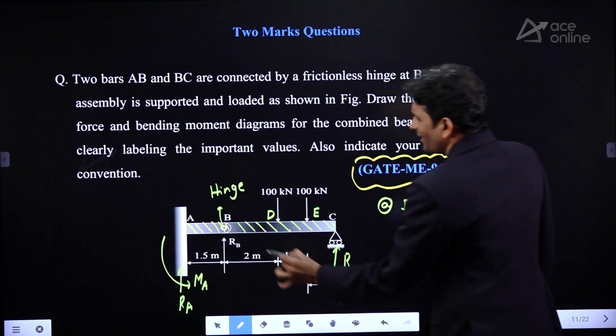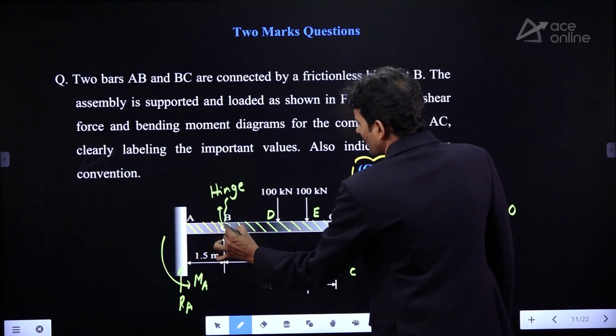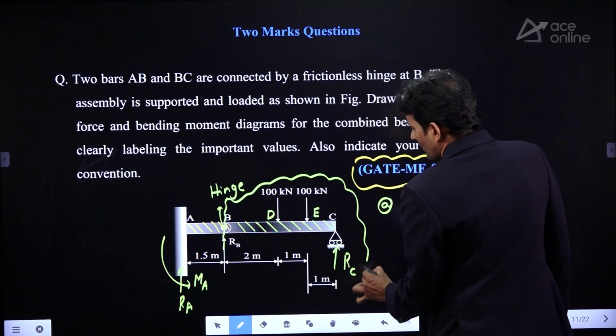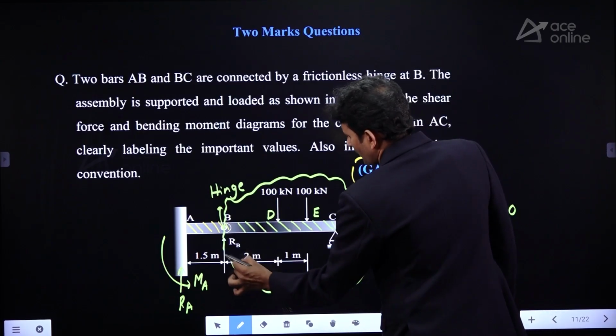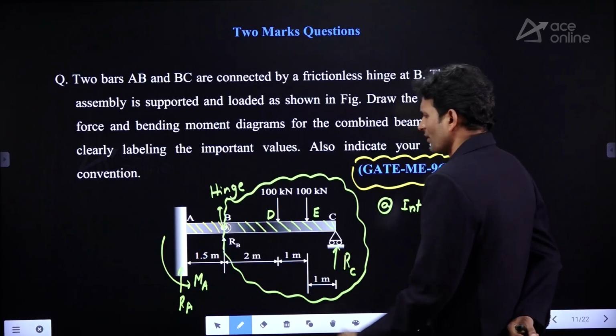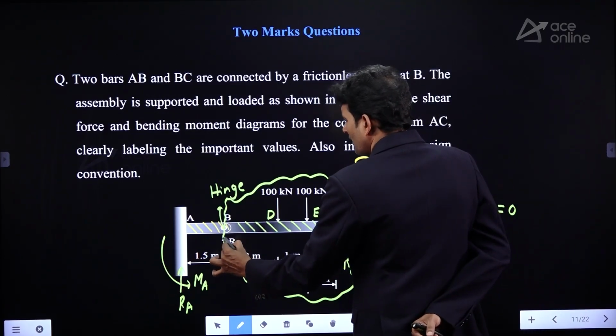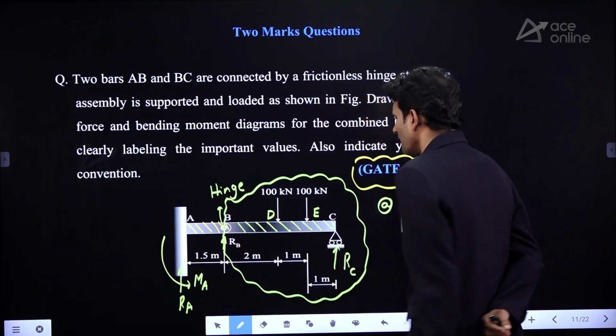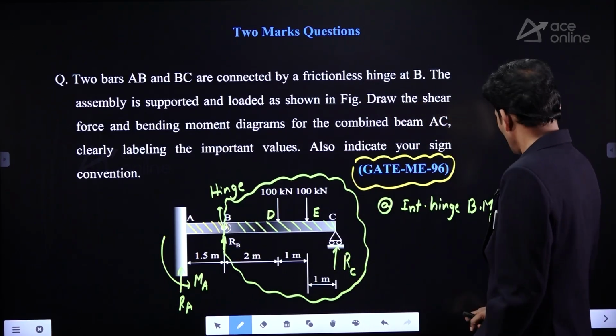So, you try to write down the bending equation by taking the section at B, considering the forces on the right hand side of your section. Then automatically we eliminate the rotation effect of RB at B. Write down the bending equation.